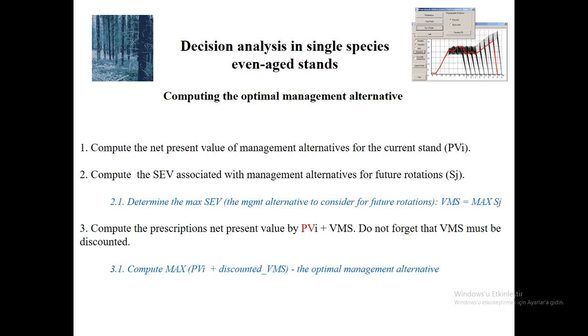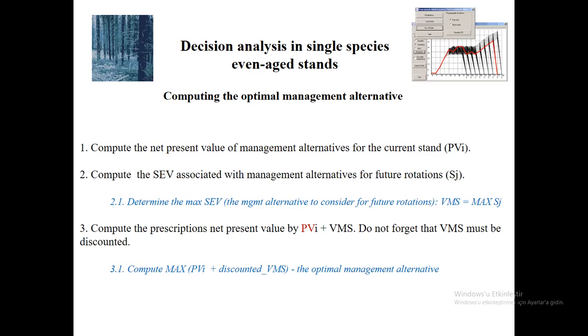Whereas net present value is associated with a fixed rotation, the first rotation period. Then we'll determine the maximum soil expectation value among alternatives, and that will become our maximum S, the value of maximum soil expectation value.